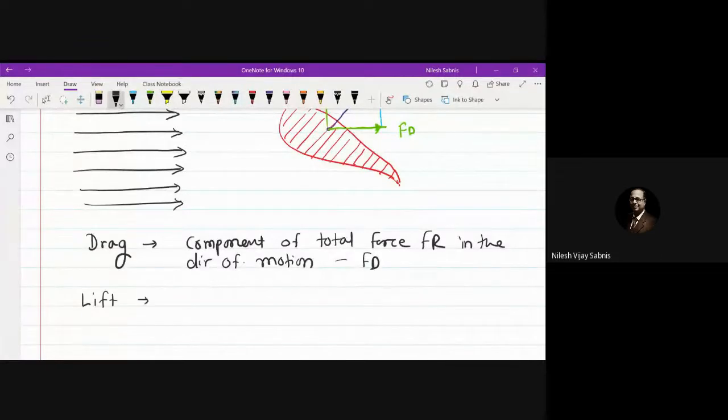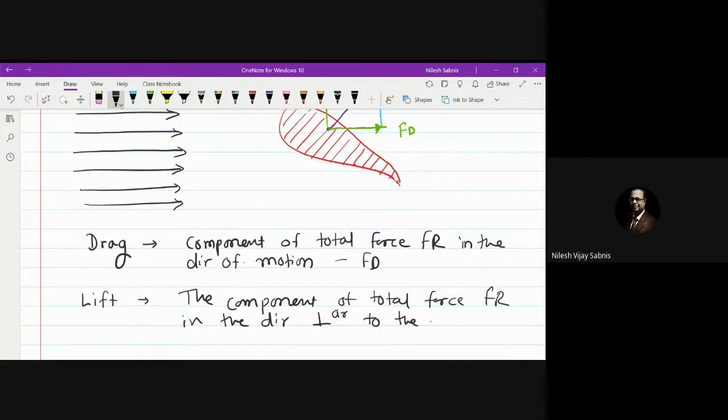Then second is the lift. It is nothing but the component of total force FR in the direction perpendicular to the motion, and it is known as lift, and it is denoted by FL.